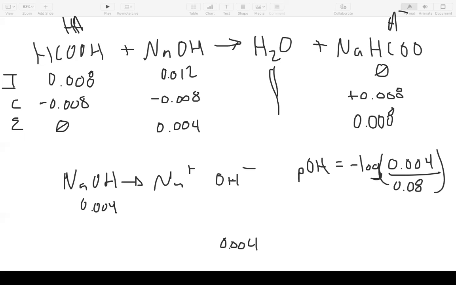So we get pOH to be equal to, I believe, 1.3. And from there we calculate pH to be about 12.7. And that would be that one all solved through.